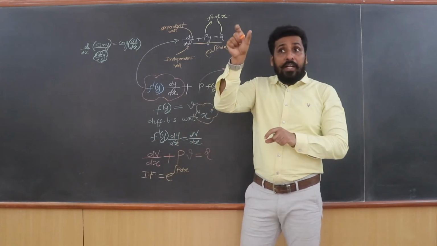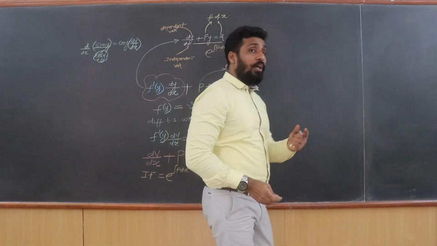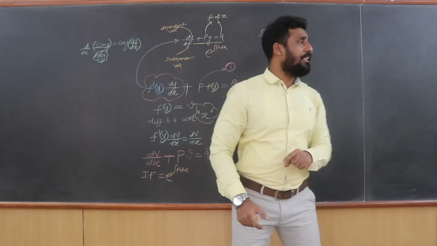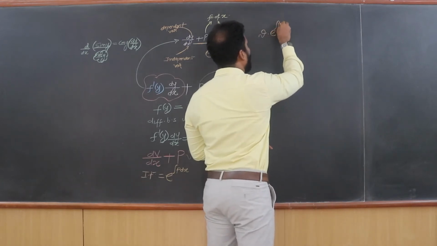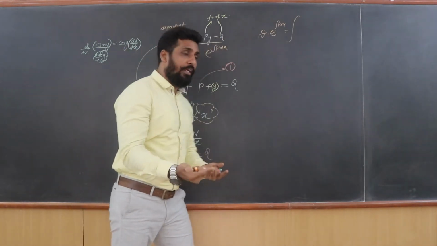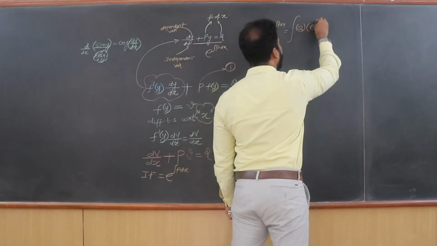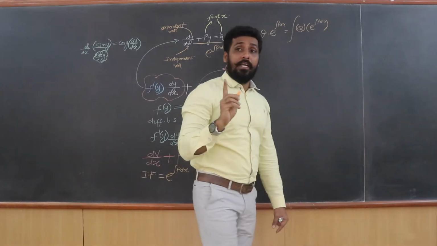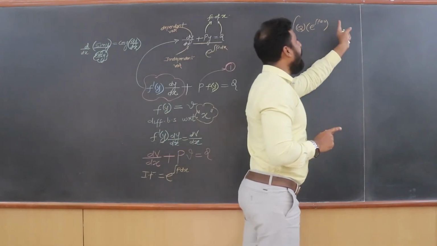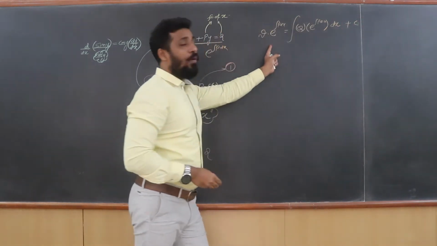So I am writing the solution as v into the integrating factor, e raised to integration of p dx, is equal to integration of the right hand side, which is q in our case, into again the integrating factor e raised to integration of p dx. The dependent variable and the independent variable must be clearly remembered. Integration d of the independent variable, so I write dx, and plus c. That's how I get the solution.